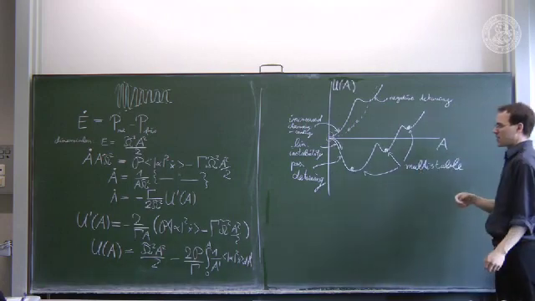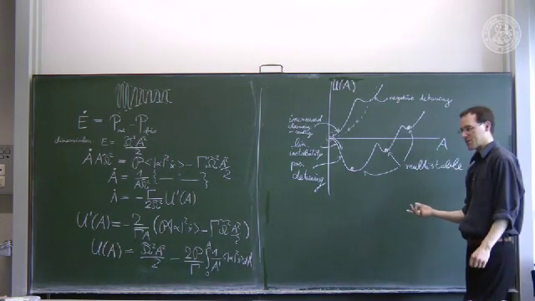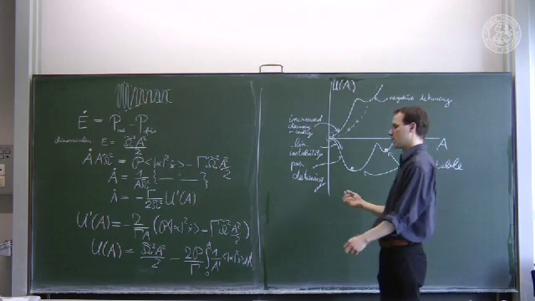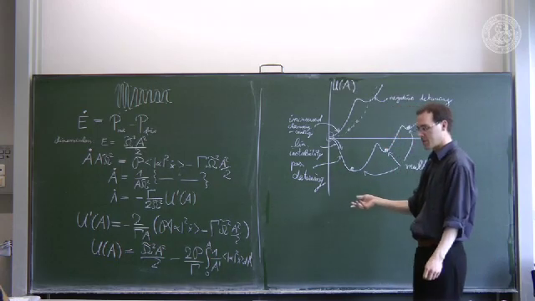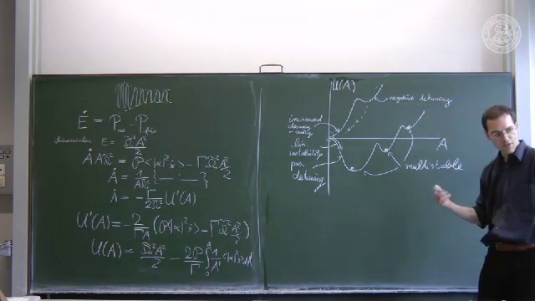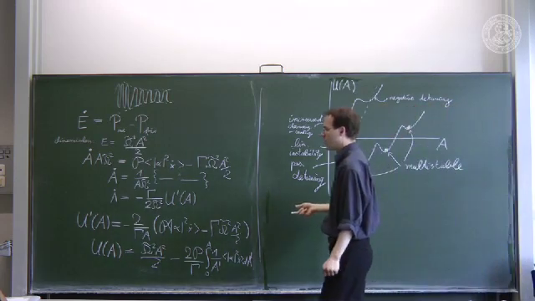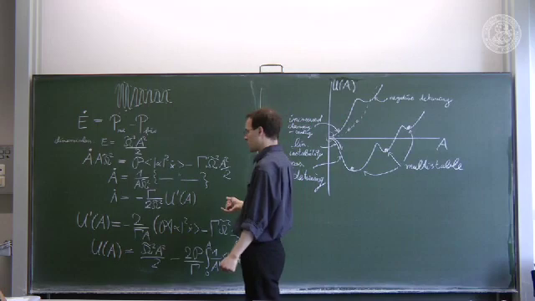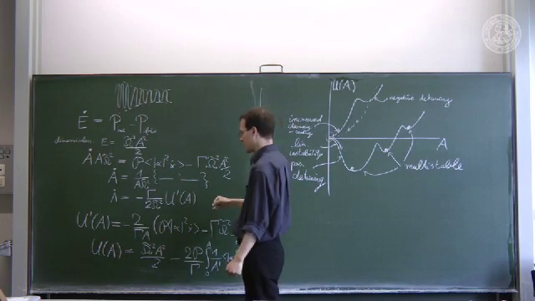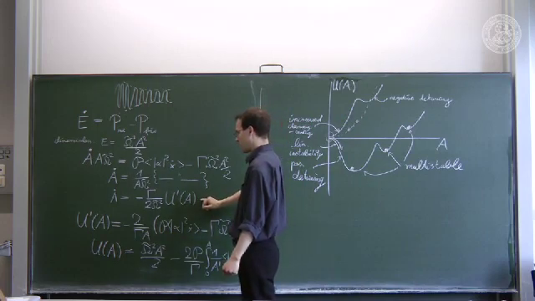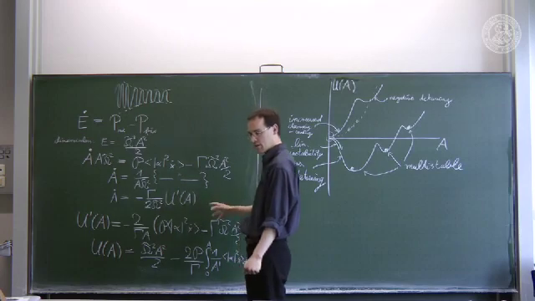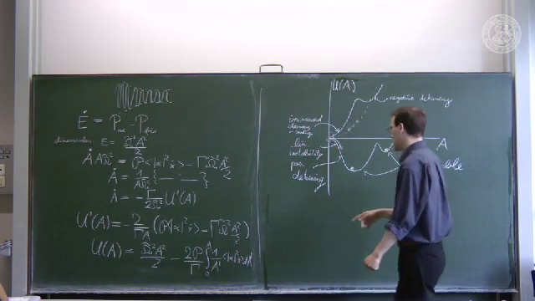For example, you can add thermal fluctuations. The way to add thermal fluctuations would be to go back to your, say, mechanical equation of motion and add a Langevin force, a thermal Langevin force to that equation, and then to work out how this extra Langevin force in the mechanical equation of motion would convert into a Langevin force for the amplitude. Yeah? That's a little bit tricky actually, but it can be done.